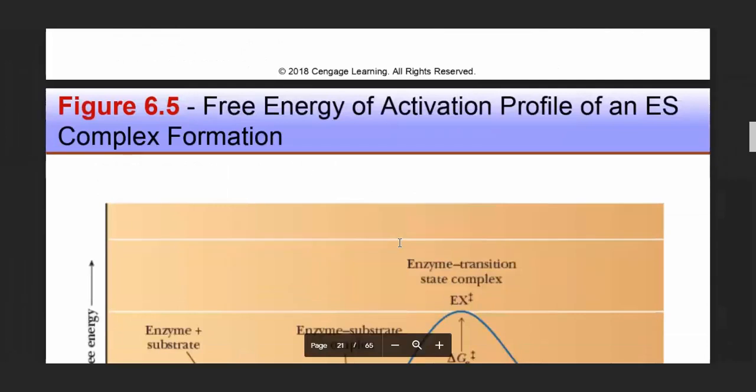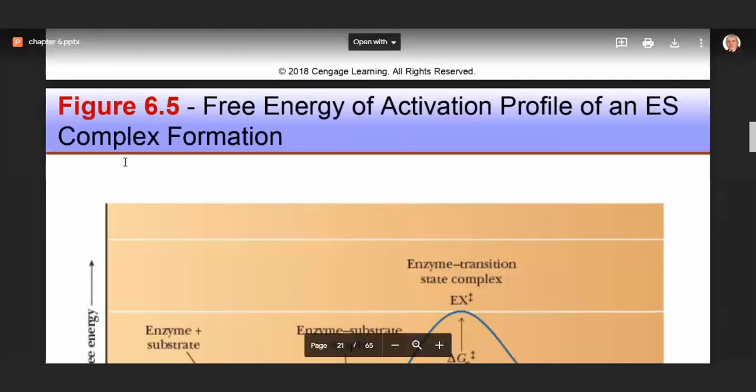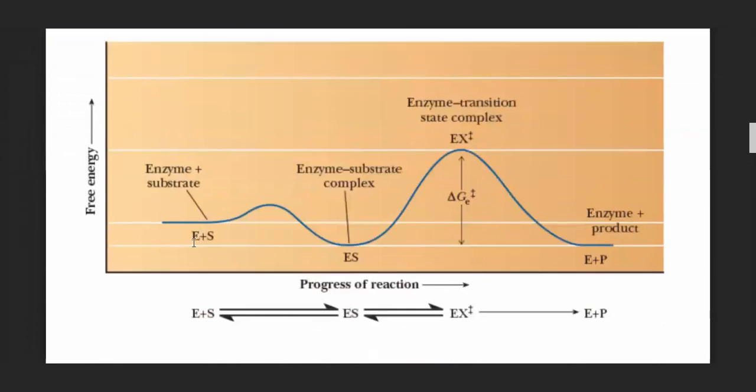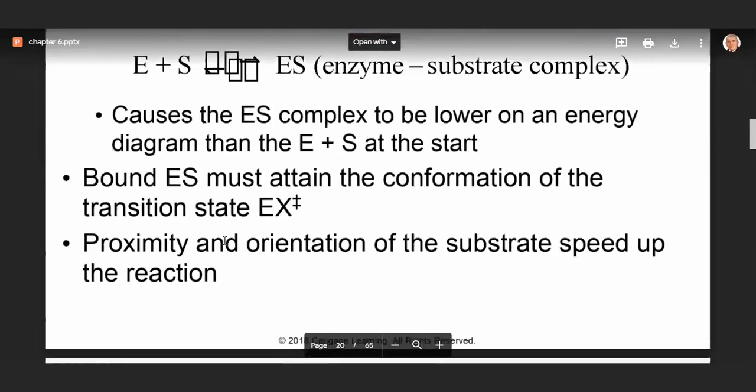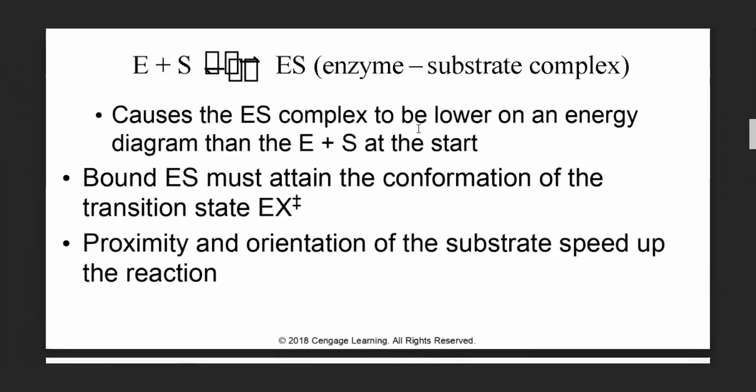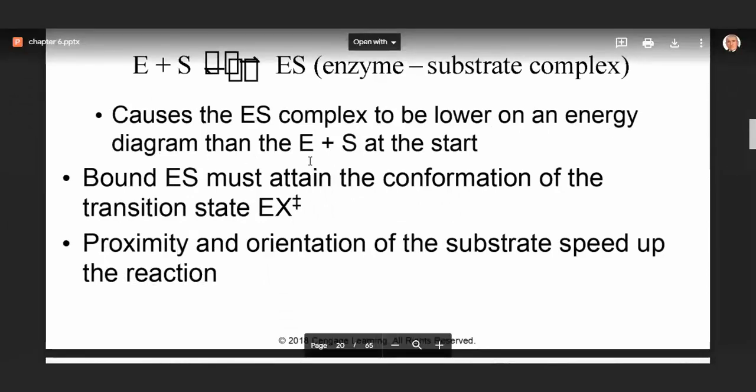If we look at the free energy of activation profile of an enzyme-substrate complex, at the beginning we have E plus S, enzyme and substrate. Once they form the enzyme-substrate complex, it has a lower energy than the starting reactants, E plus S. Then the bound ES must attain the conformation of the transition state.